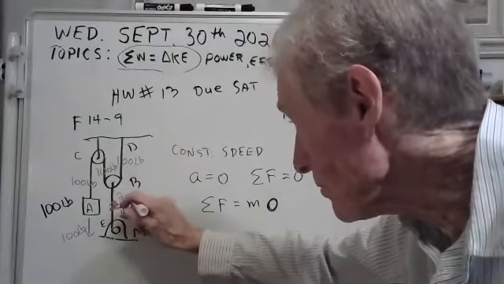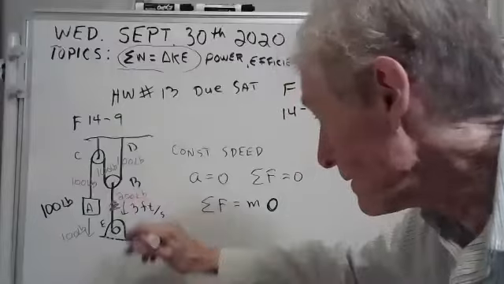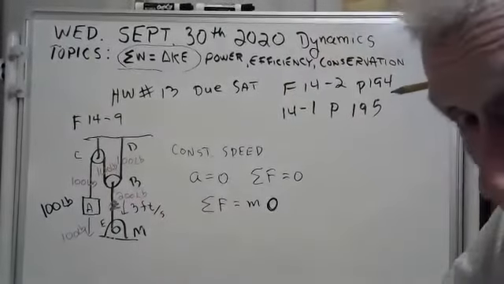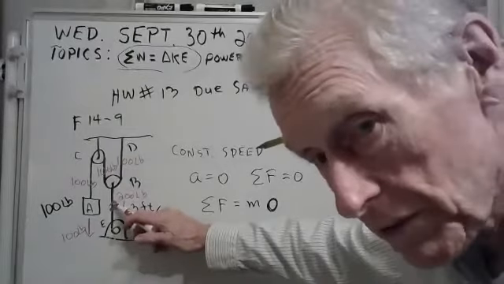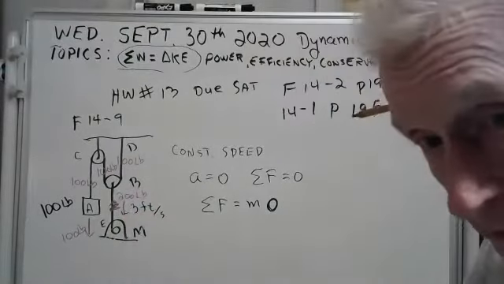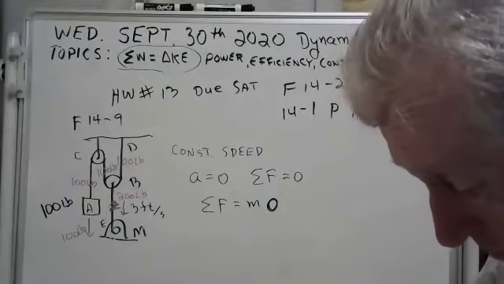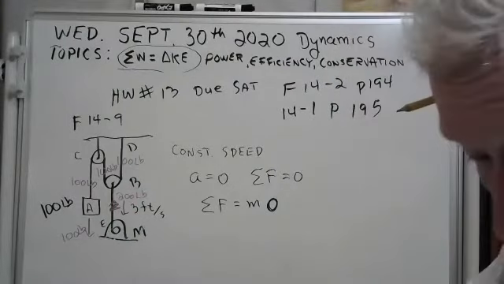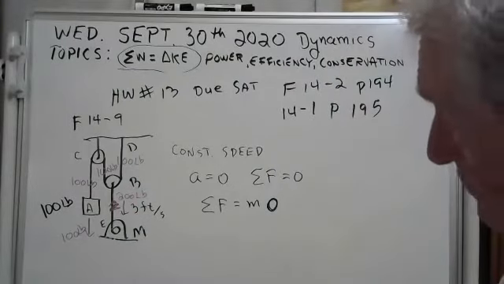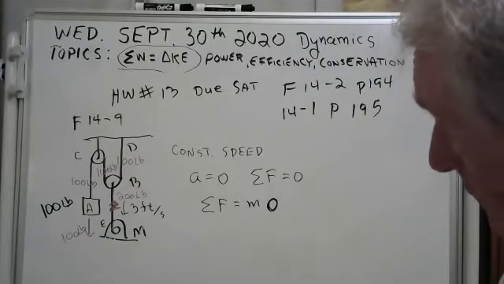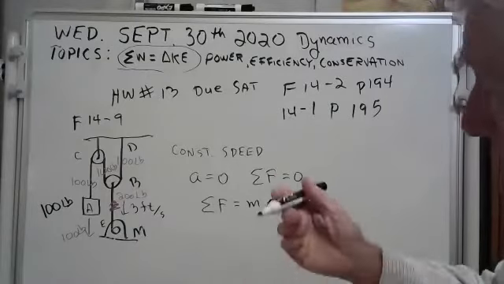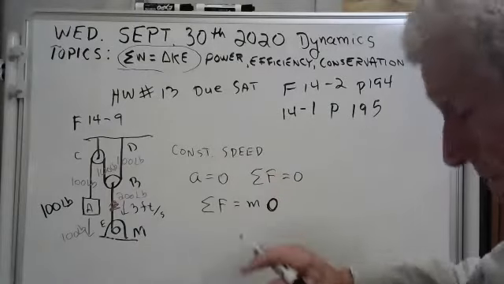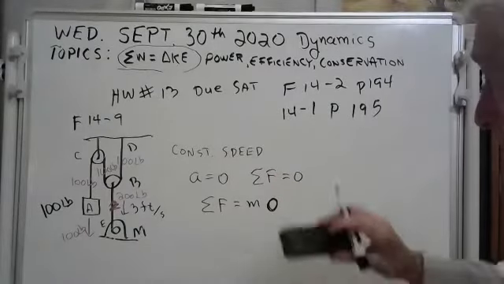Well, it'll be 200 pounds. Do I need to explain how come this cable has 200 pounds of tension in it? I guess you're okay. All right. Well, if you're okay, we're going to do the power of the motor. Now, this is going to be the output power of the motor.